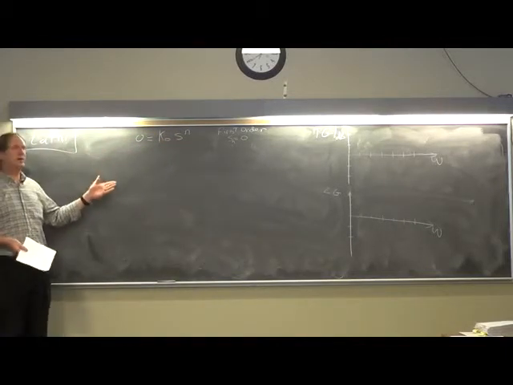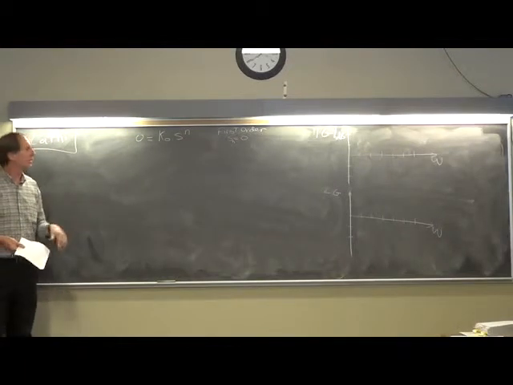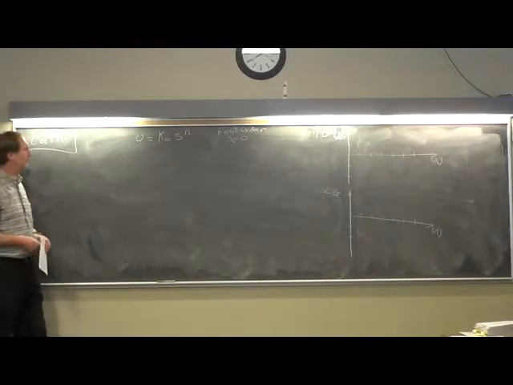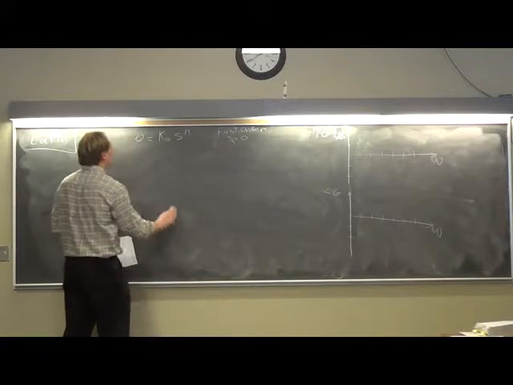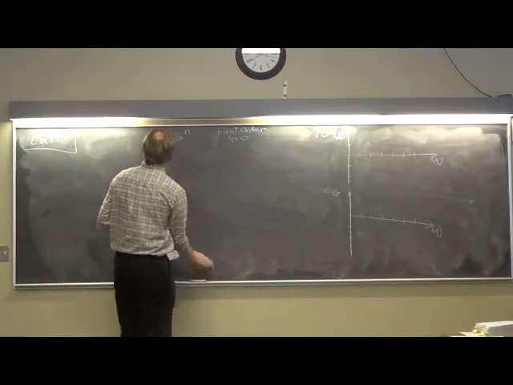If this were s squared, there'd be 2 solutions at the origin. If this was s to the minus 1, there's 1 solution at the origin. So this is an example of a first order system. I've given it gain.